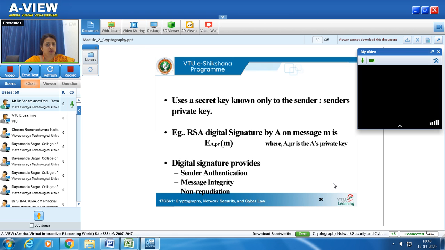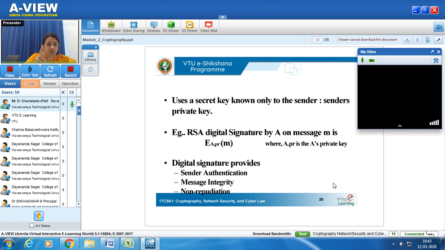Now we are aware of what authentication and integrity are. To brush up on what non-repudiation is, let's say there is a sender and a receiver. The sender sends a message to the receiver. The receiver upon receiving may deny that he has received the message, and the sender may also deny that he has sent the message. Both denials should not be possible in case of non-repudiation.